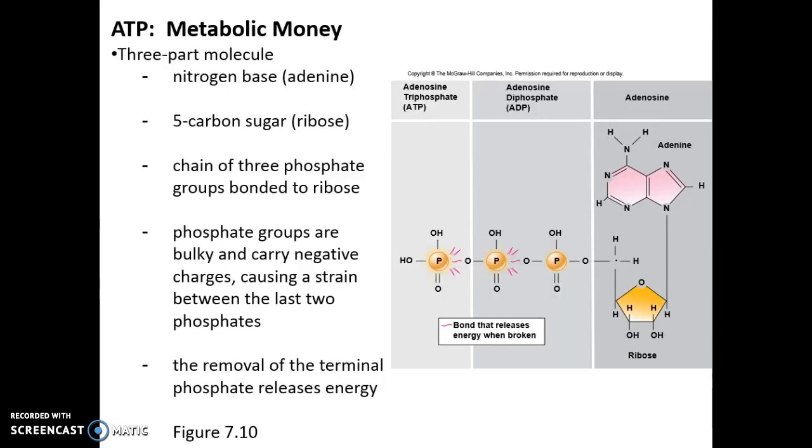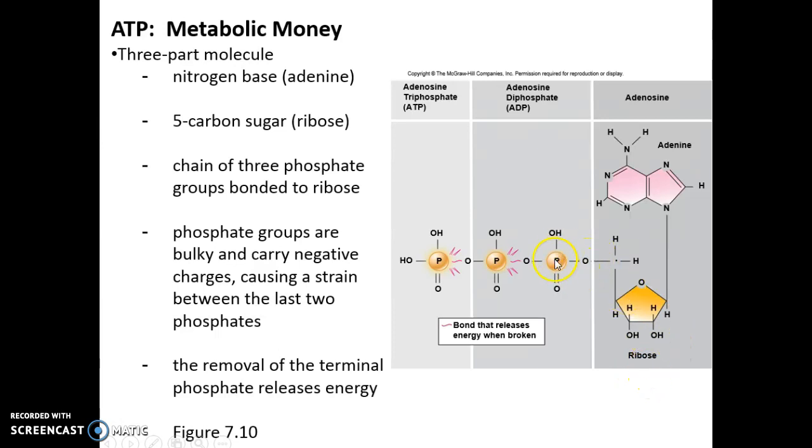All right, then ATP. ATP, again, is where cells are going to store their energy. And it's called adenosine triphosphate. What you have in this figure is the nitrogenous base, the adenine, and then you have the ribose sugar. So this is very similar to a nucleotide you might find in RNA, for the ribose.